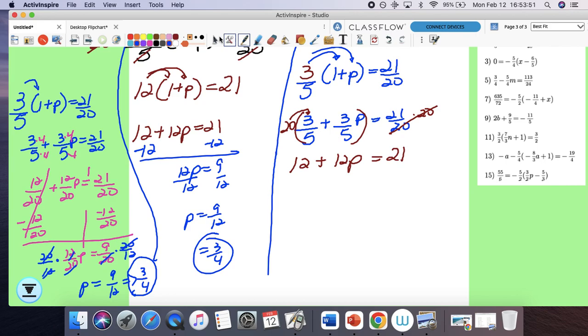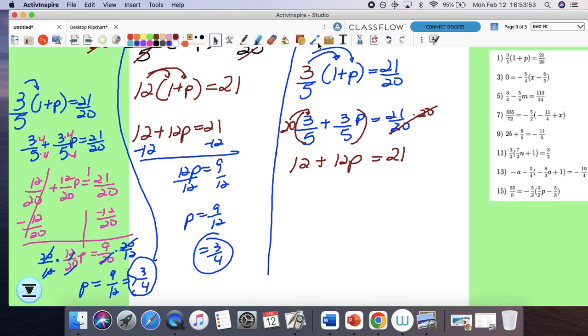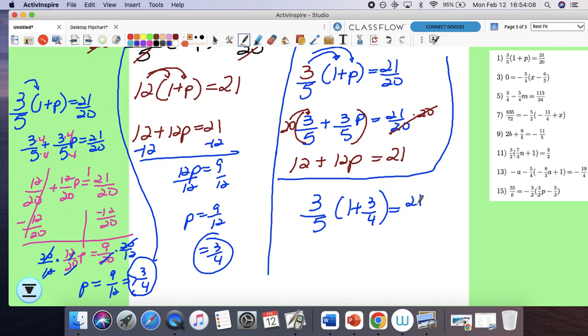Now we have to go back to the original equation and check. Here, I'm not going to do this one, but 3/5, 1 plus 3/4 equals 21 over 20. We can use the distributive property, or you can add them first. It's up to you. So we can add these two and then multiply.